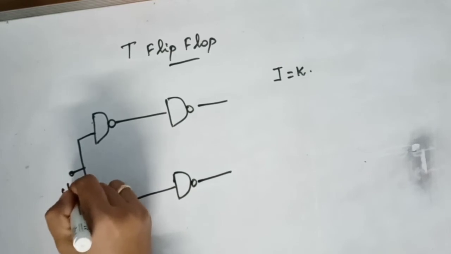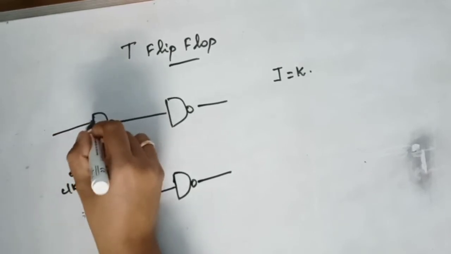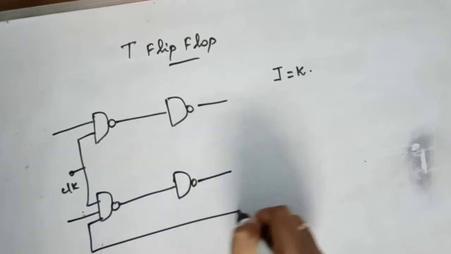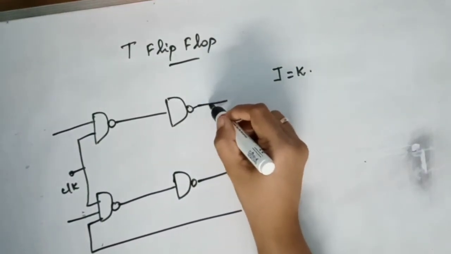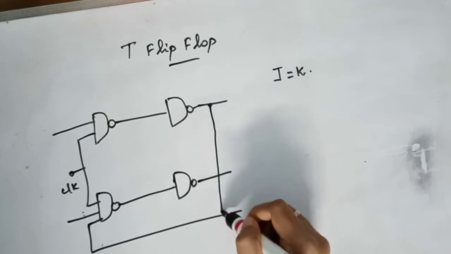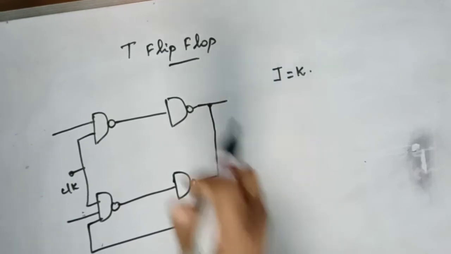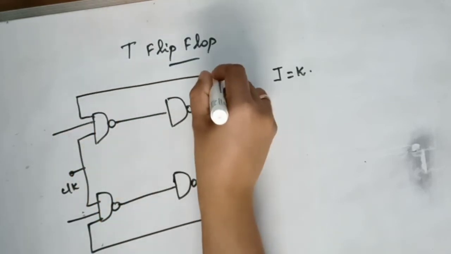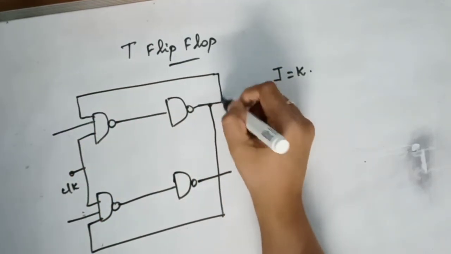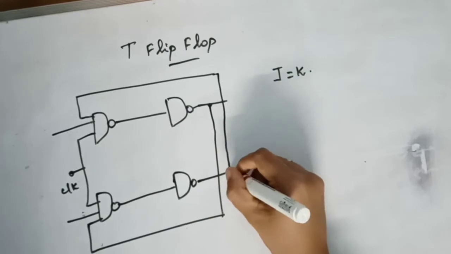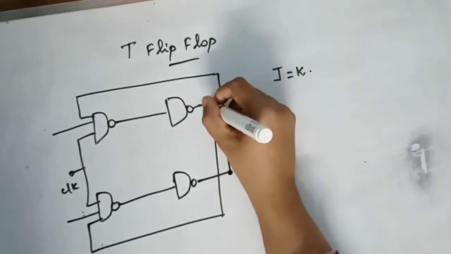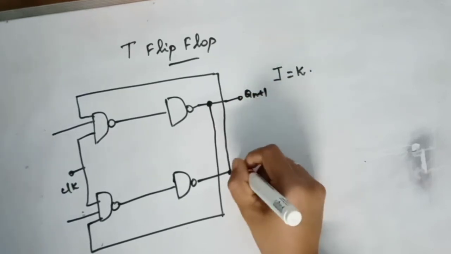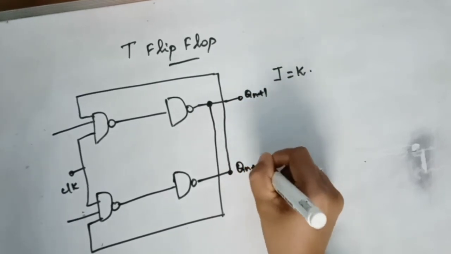This is the clock, this was J and this was K. The third input goes to the final output. So this is Qn plus 1 and this is Qn plus 1 bar.